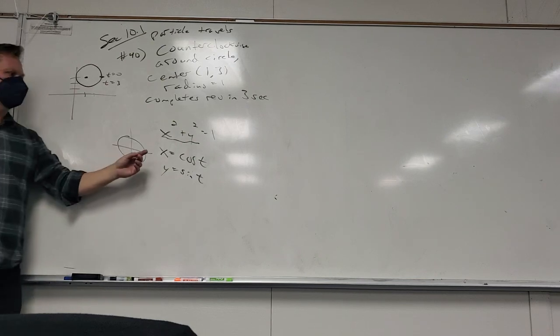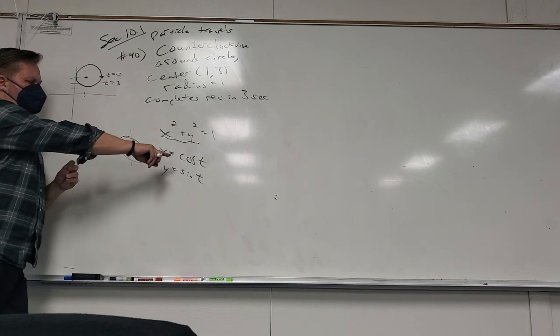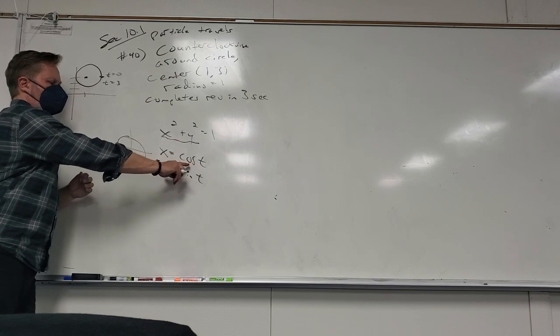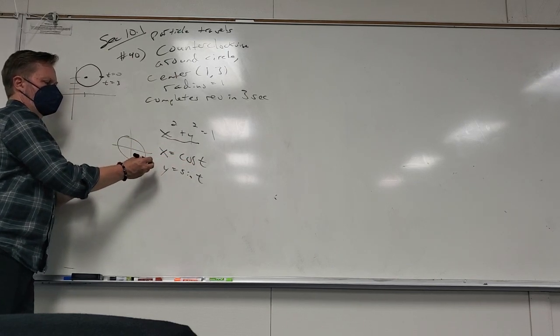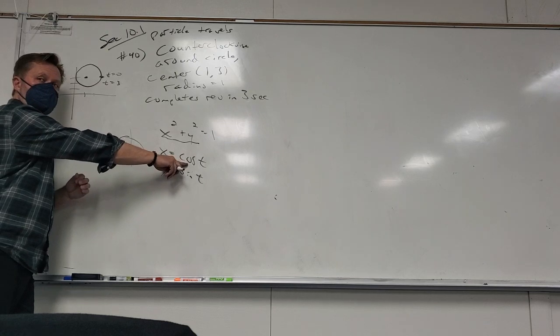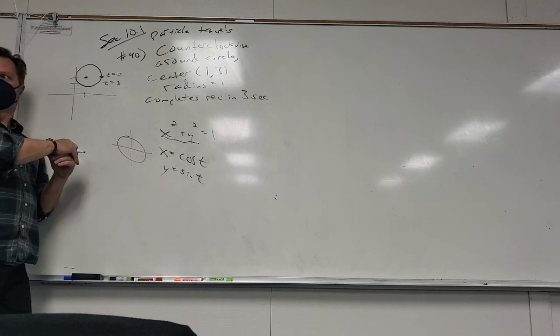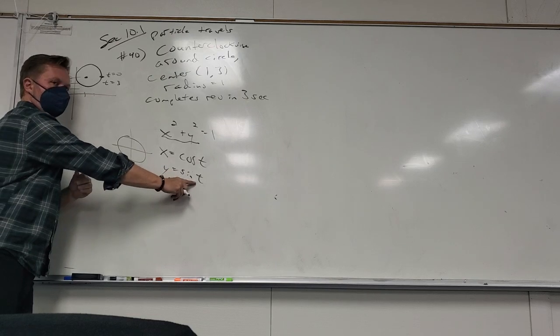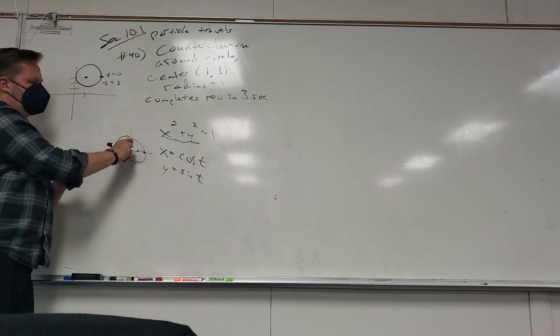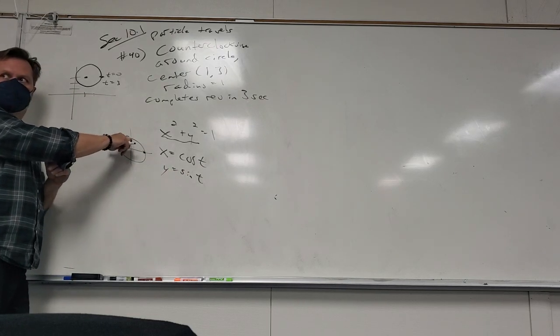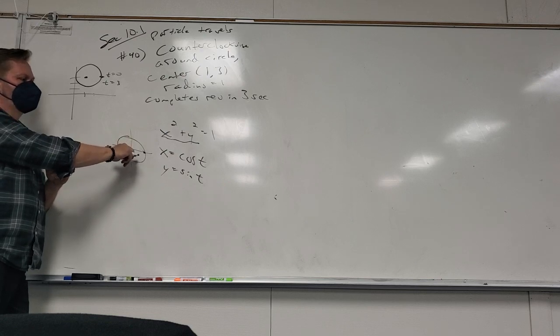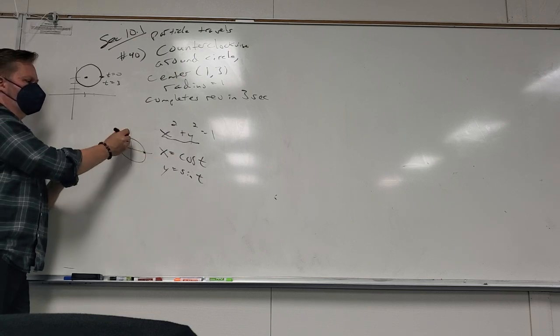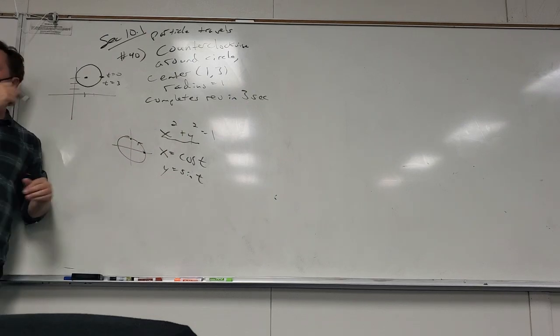In fact, if you check it out, is it going counterclockwise? When t is 0, x is 1, and y is 0. When t is pi over 2, x is 0, y is 1. So sure enough, it's going counterclockwise, correct?